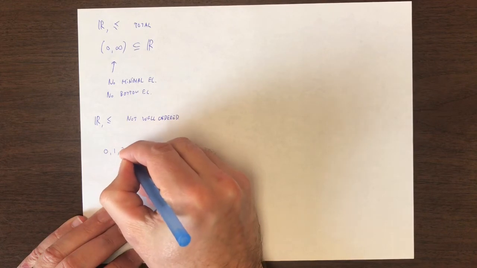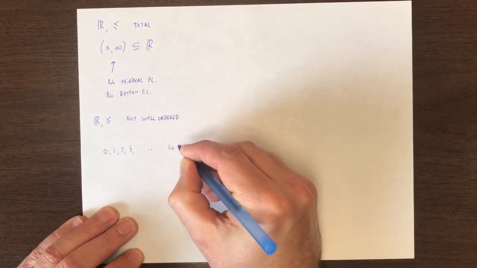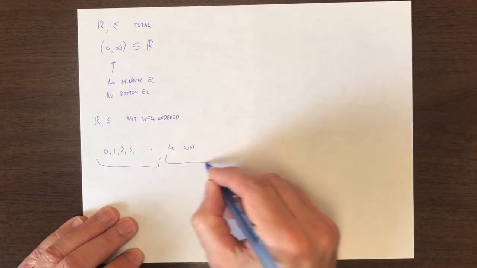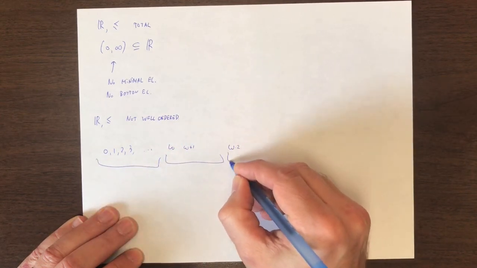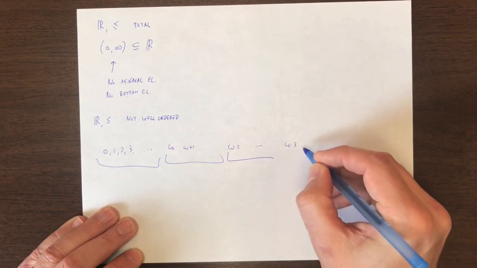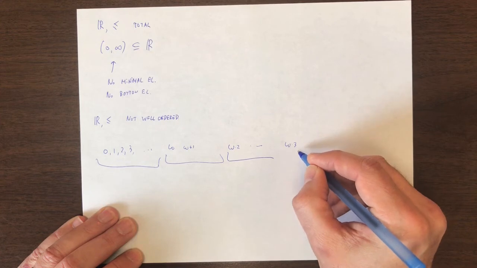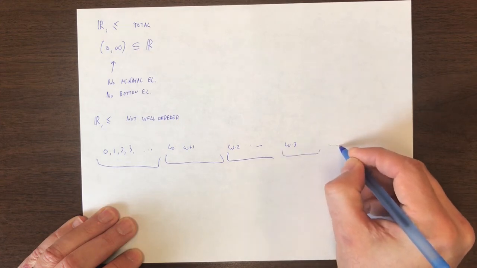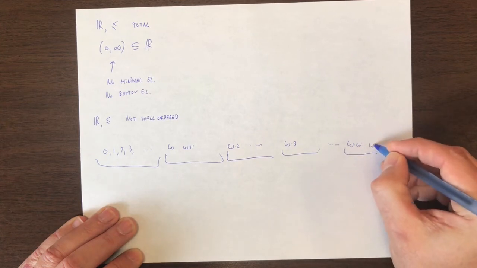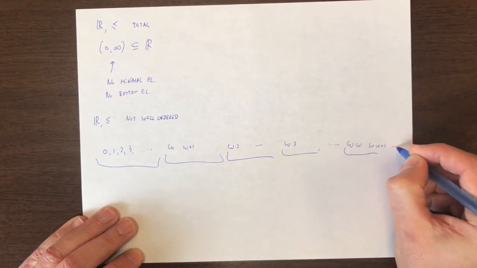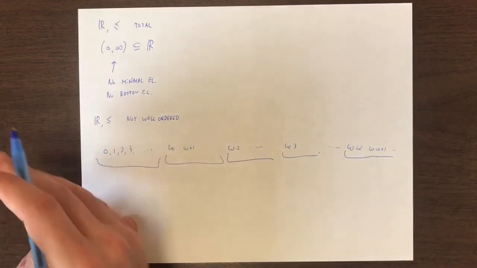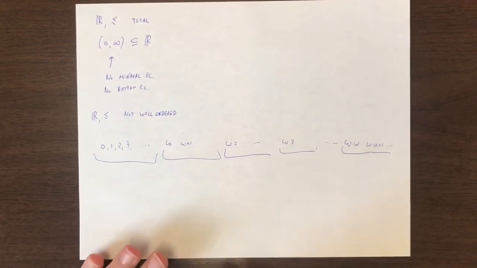So 0, 1, 2, 3, and then I have omega plus 1, etc. And then I have omega times 2 plus 1, etc. And I have omega times 3. And then omega times 3 plus 1, etc. And so on. And then I have omega times omega. And then omega times omega plus 1, etc. And so on. So there's a limitless supply of ordinal numbers.